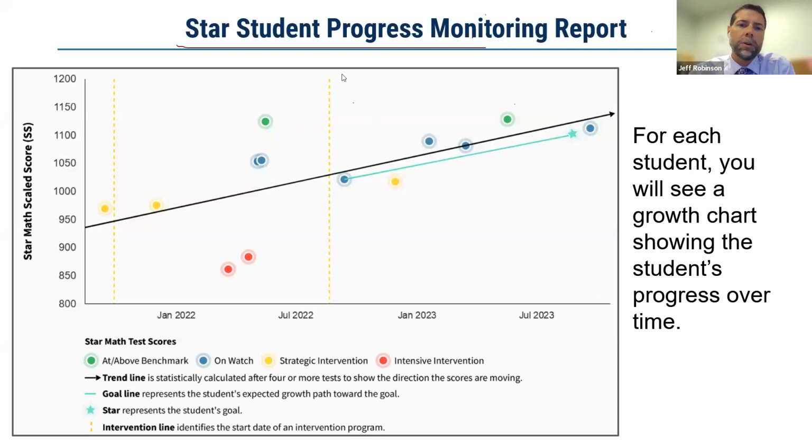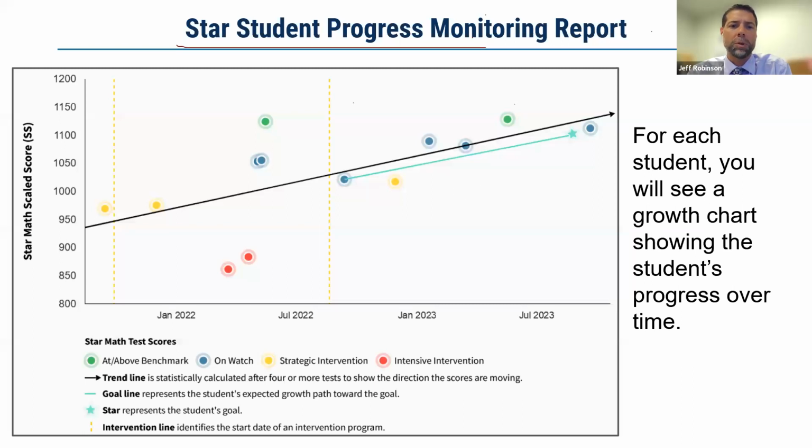Essentially here, at this point in time, they set a goal, and the goal they set was 1,100. They set the goal to be a whole year goal. This goal line says this is what we expect the student's path to be. The trend line shows more of what their actual performance is going to be.